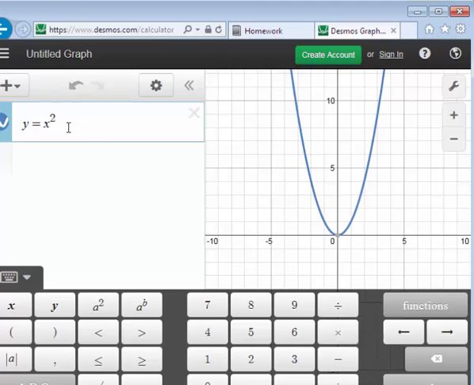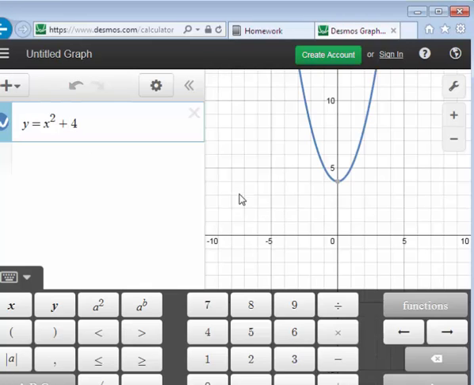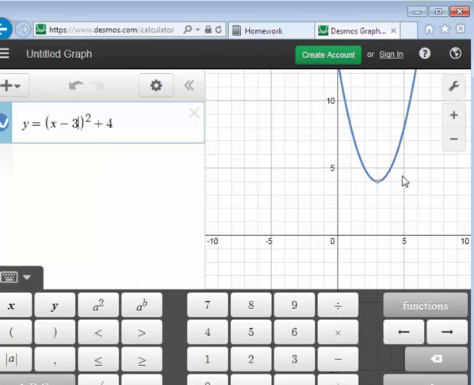If we add now, say 4 to that, it just shifts the whole graph up 4. And then finally, if we do something like this, that didn't affect it, it's still x squared. But we can say (x - 3)², and that just shifts it over here.